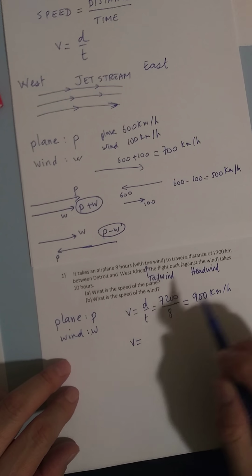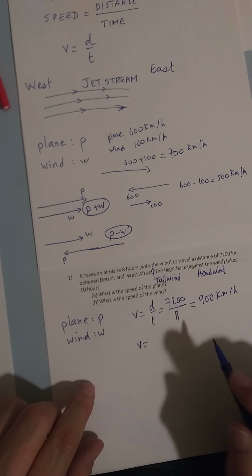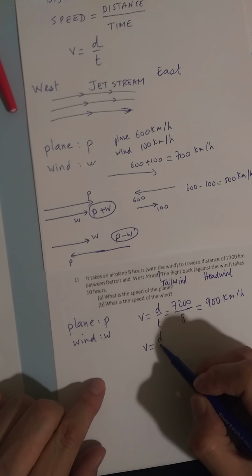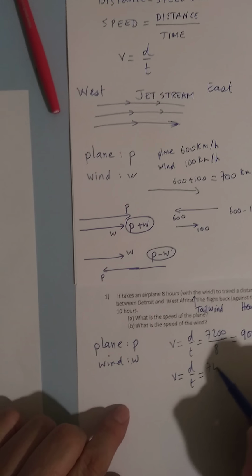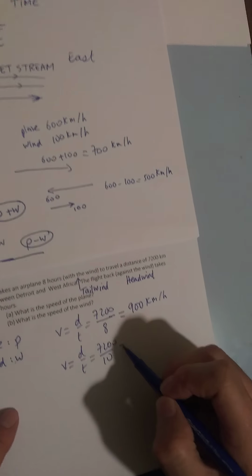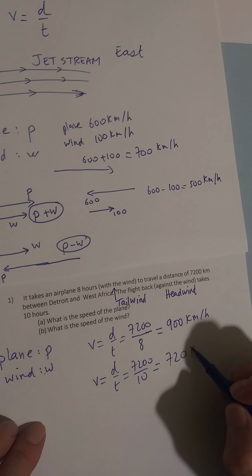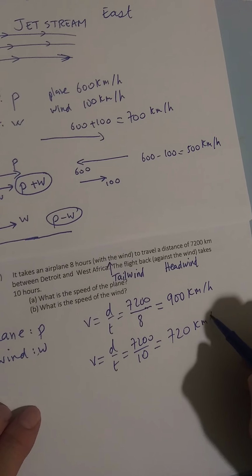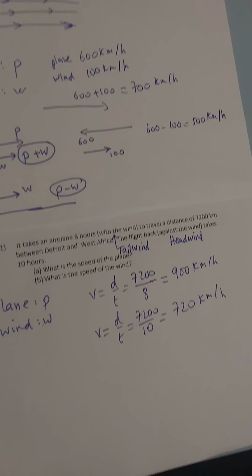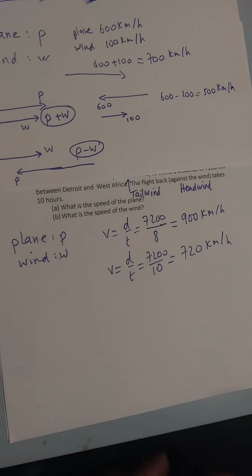Then we're going to divide 7,200 by 10 hours on the flight back. So D over T equals 7,200 divided by 10, which is 720 kilometers per hour.